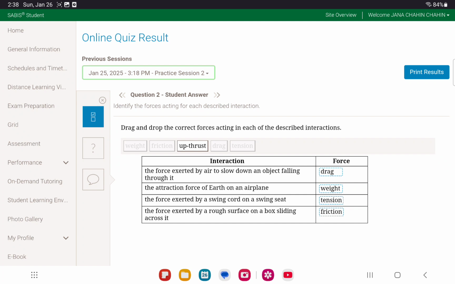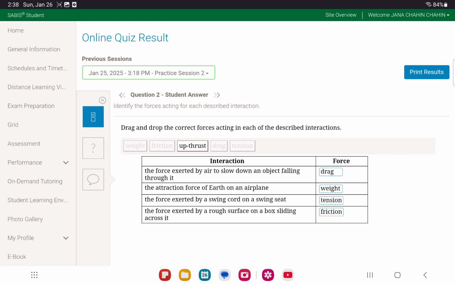Okay, now I don't know why a lot of people make mistakes in these, because they're pretty simple. Whenever we see air, it's drag or air resistance. Just remember that.